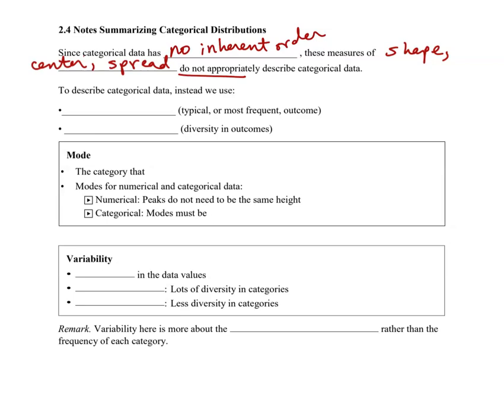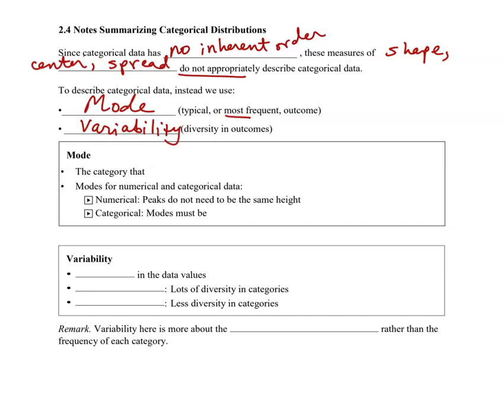So instead, to describe categorical data, we're going to use two descriptions. The mode, and you can think of that as the most frequent, the typical category where most of your observations occurred, and the variability, so how much diversity is there among your observations.